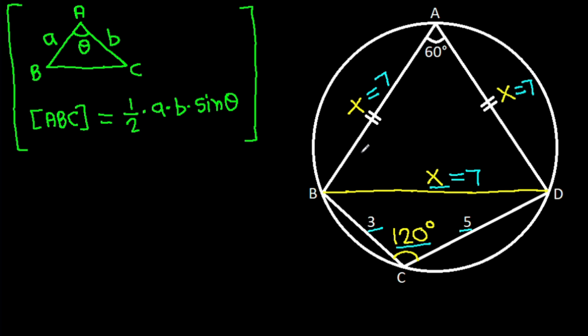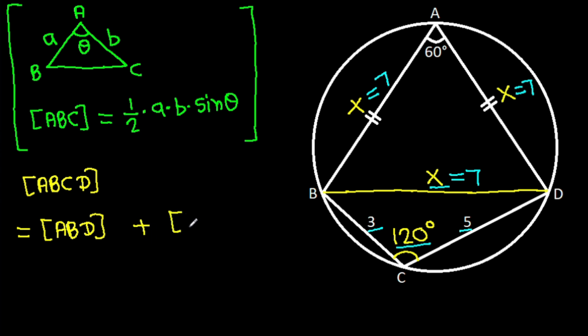And here area of ABCD will be equal to area of ABD plus area of BCD.